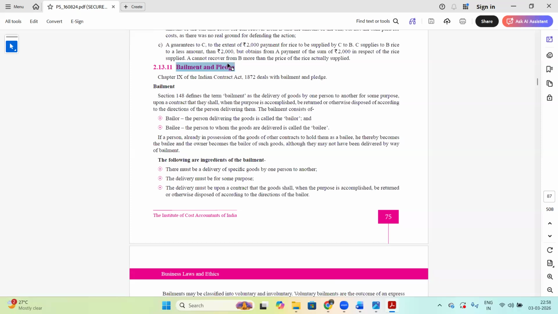Another possible question, bailment and pledge. What is the difference? So pledge is regarding movable property. Bailment can be both. That's all. In the case of bailment, there are two parties, bailor and bailee. In case of pledge, there are pawnor and pawnee. What are the rights and responsibilities of bailor, bailee, or pawnor, pawnee?